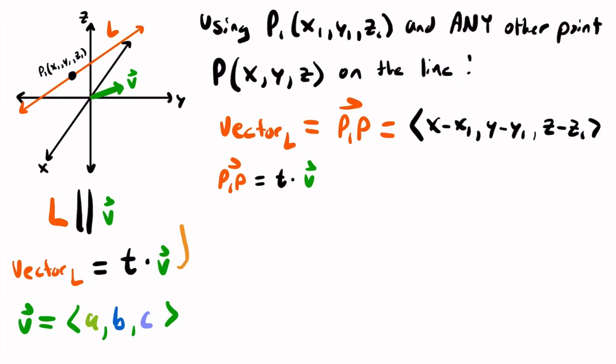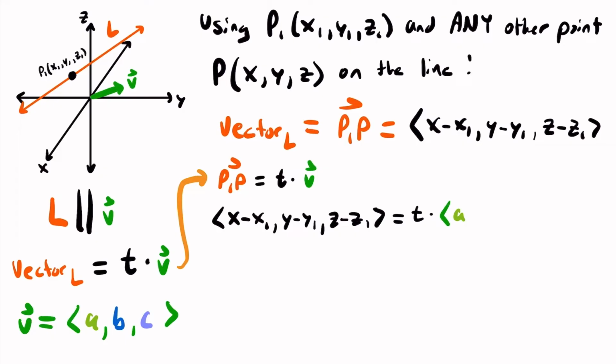We're continuing this equation right here. But now what we want to do is actually rewrite these 2 vectors with what they're actually equal to using their component forms, right? So if we do that, we'll have a vector with components x minus x1, y minus y1, and z minus z1 is equal to that scalar multiple of t multiplied by vector v, the direction vector, which has components of a, b, and c.